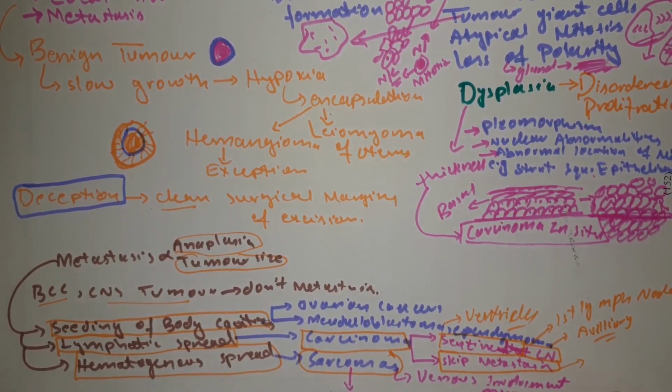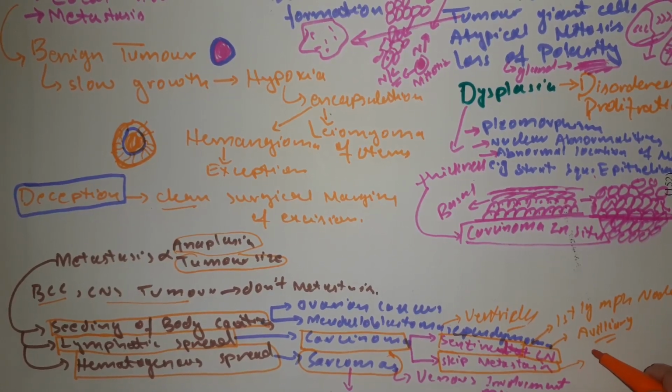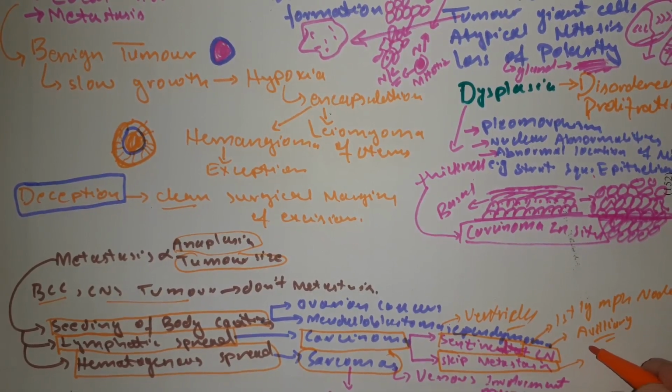You can observe both kinds of metastasis in malignant tumors. And this lymphatic spread mostly occurs to the region of lymphatic drainage of a particular tissue. And it is not always true that the lymph nodes draining a particular site of cancer will always be increased in size due to metastasis.